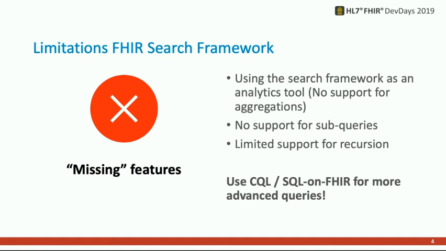It has no support for subquerying, so you can't select a certain set of resources and then filter that set again. And it has only limited support for recursion. So if you have any requirement in that regard, you really should be careful about using the FHIR Search API.